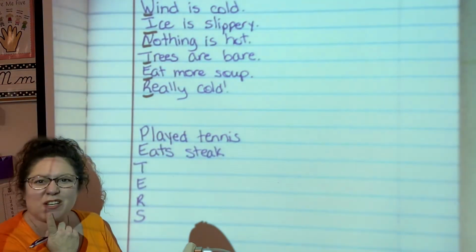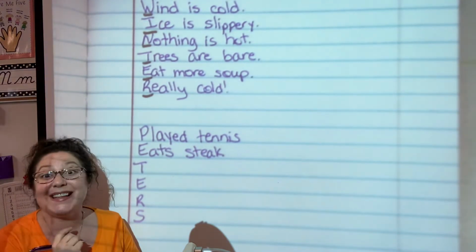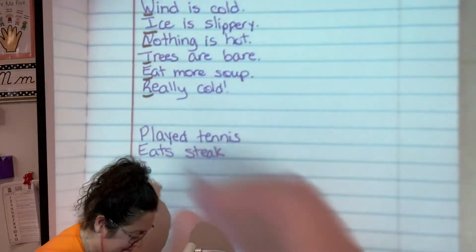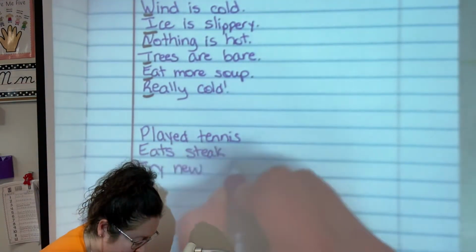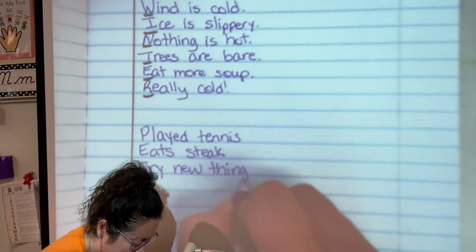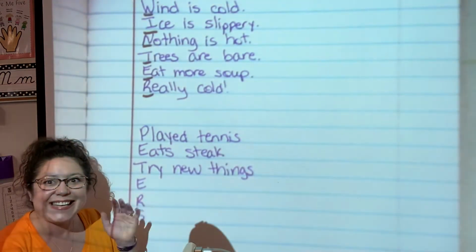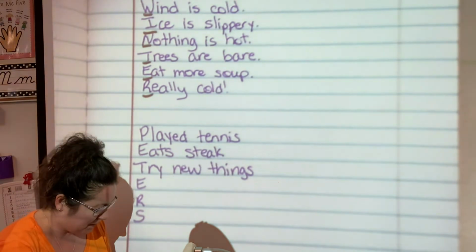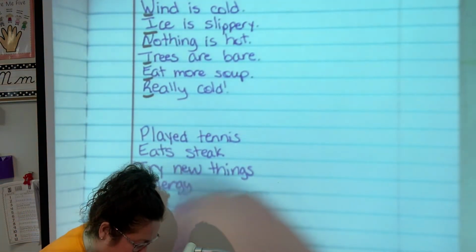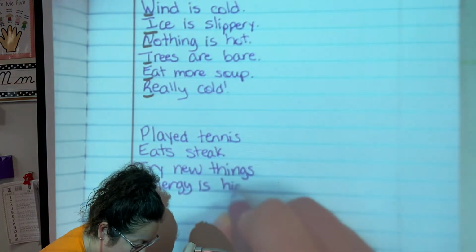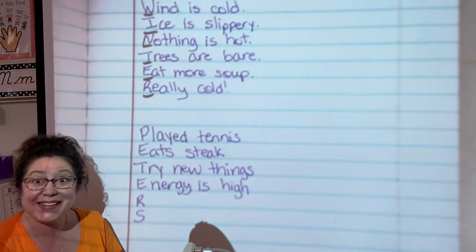Maybe I get Mr. Peters to make steak for dinner. T, you know what I do love to do? I love to try new things. I like to be adventurous and try new things, keep life exciting and fun. And I have energy is high. I have lots of energy. That's why I like to try new things.